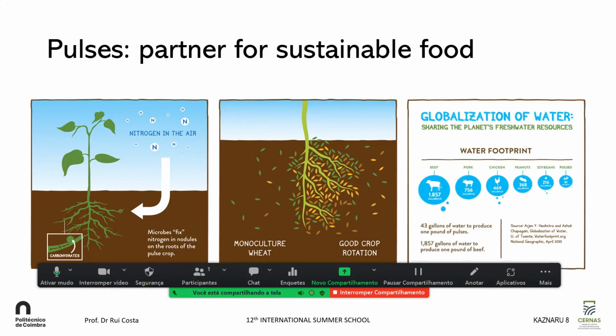Also, another characteristic of legumes is that they need very little water. For example, compared with soybeans, they need 20% of the water, and with peanuts even less, almost 1/10. And if you compare with meat or animal products, they require much less water.